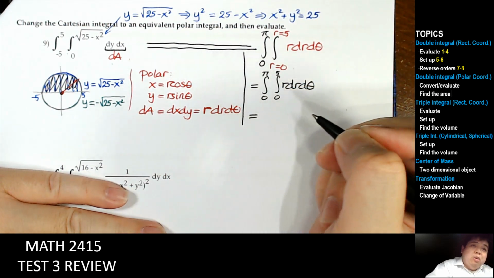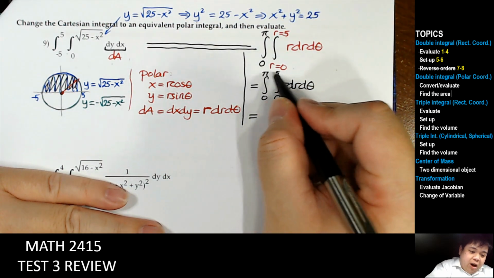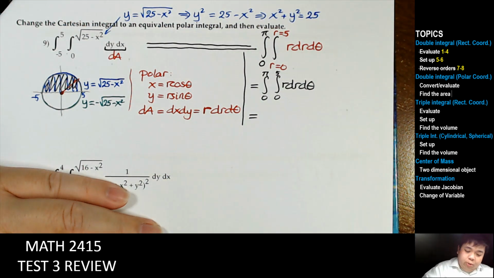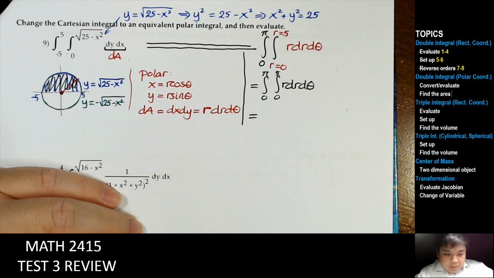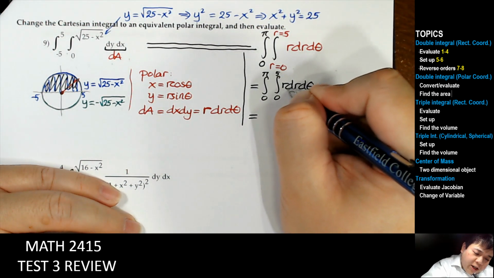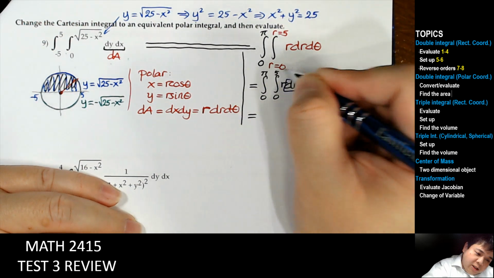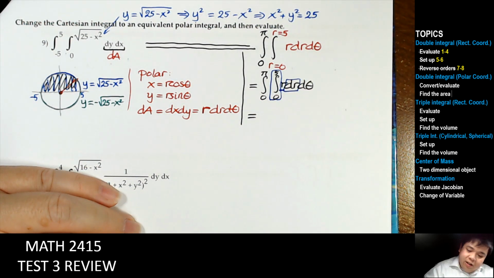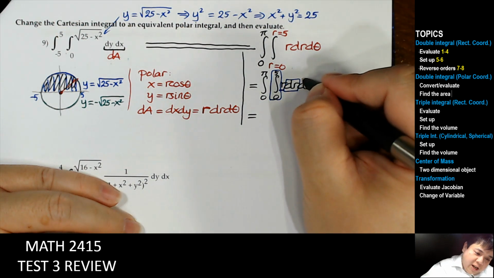This we can use Fubini's theorem, because the limits are constant and the function is separable. So we're going to group the dr, and then r, and then the d theta.